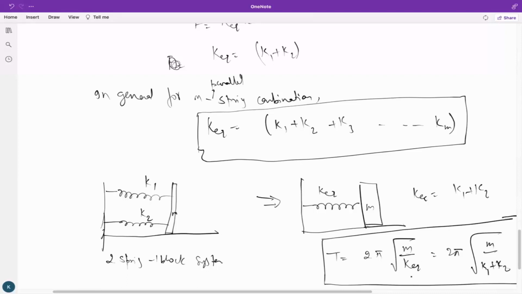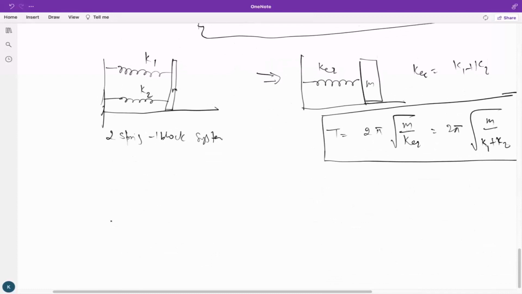There are some noted points that I have to write. Same as the series combination, there is a displacement divider arrangement and a common force arrangement. But here we have a common displacement arrangement.